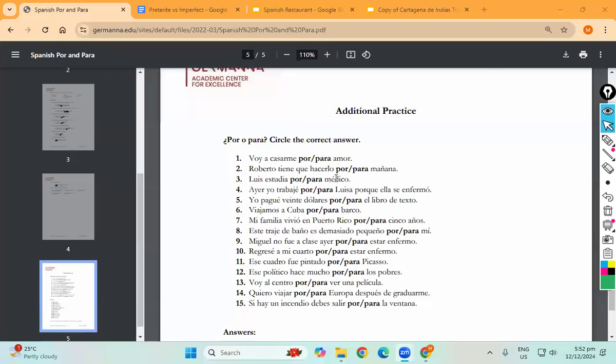Right. So the first one, I am going to get married for love. All right. So the motive is love, right? So we use por, like a reason why.